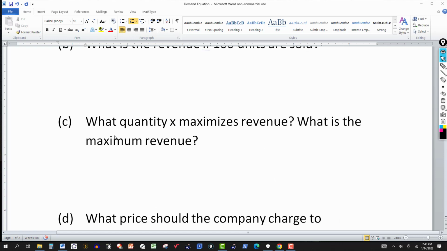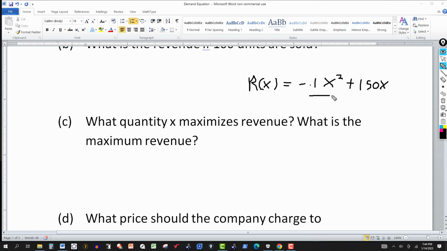This one states, what quantity X maximizes revenue, and what is the maximum revenue? Let me write this again. The revenue function is negative 1/10, I might write it as negative 0.1, same thing, X squared plus 150X.